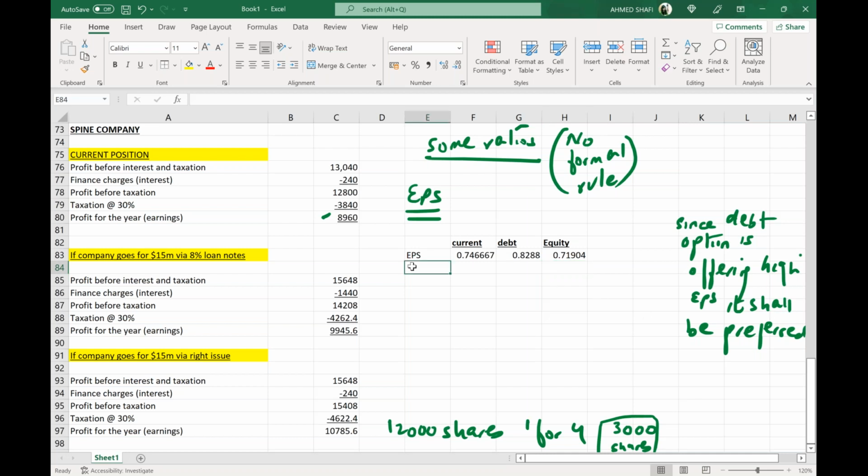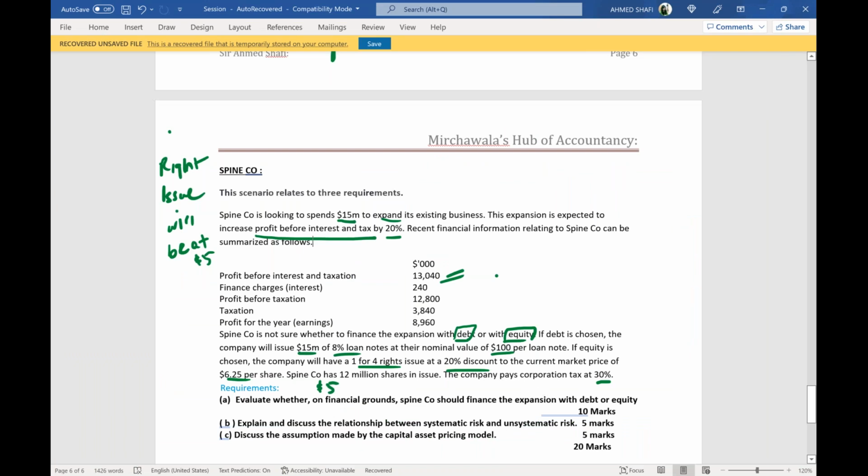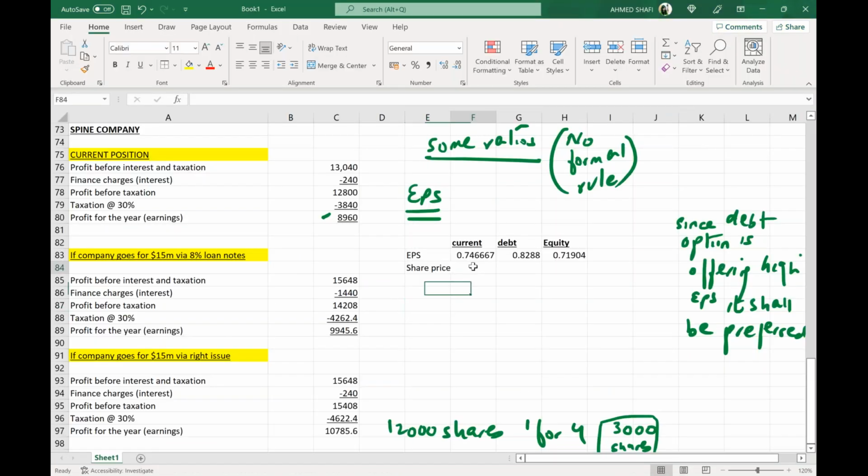Or you can check the share price. In the question, the current share price is 6.25. How to get the share price after the debt option? I have told you that share price will always be computed through the formula of the PE ratio.